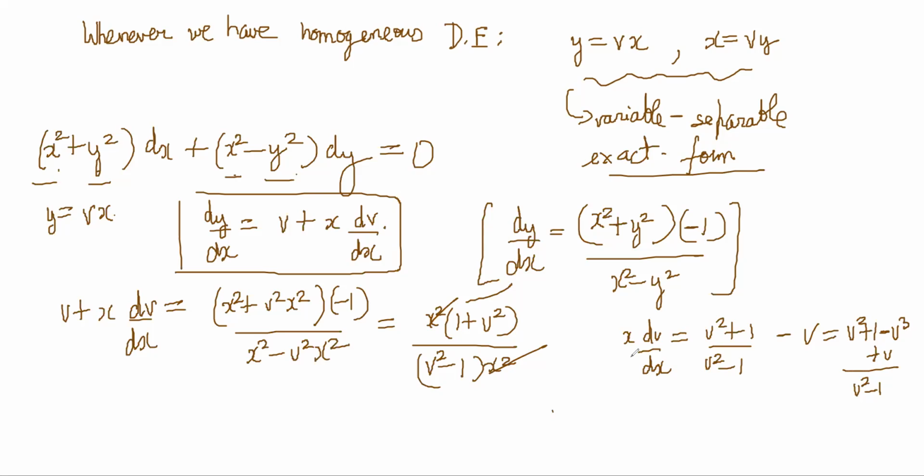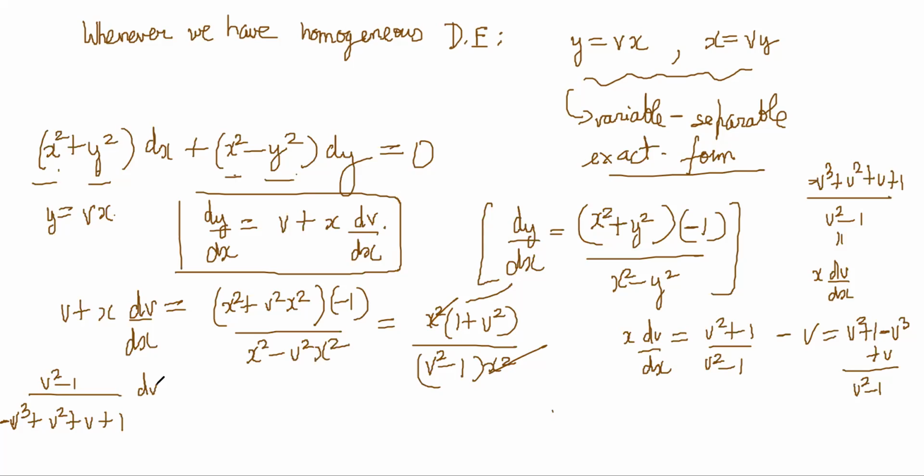This doesn't seem very nice, but it will come minus v cube plus v square plus v plus 1 by v square minus 1, and this is equal to x dv by dx, right? So what I can do is write dx by x on that side and take all of this to the other side. It will be v square minus 1 by minus v cube plus v square plus v plus 1 dv is equal to dx by x, right?